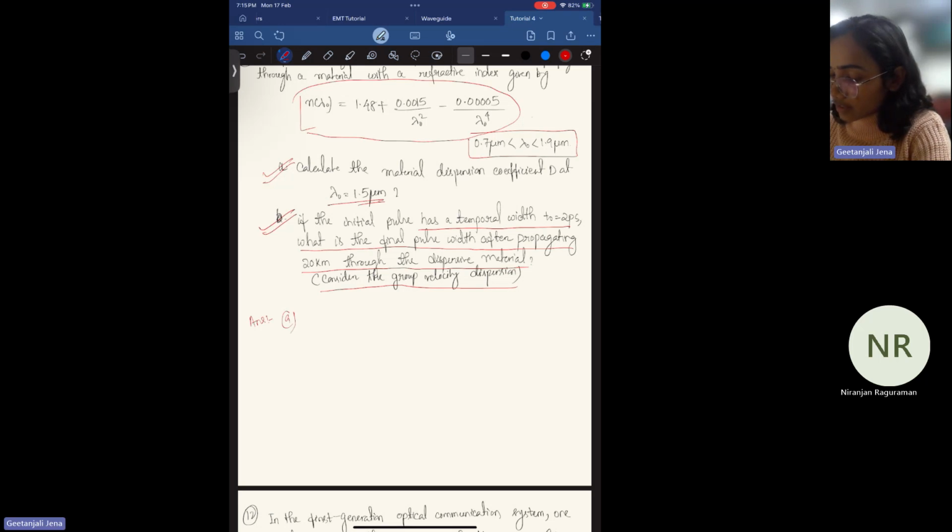which is to calculate the material dispersion coefficient, which is Dm.